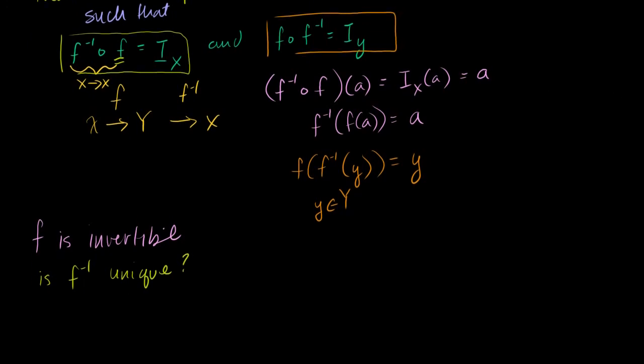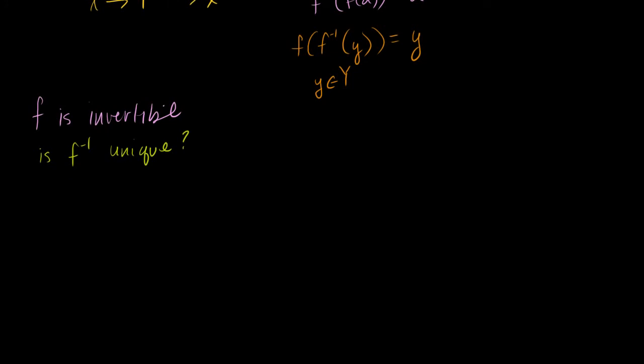To answer that question, let's assume it's not unique. So let's say there are two functions that satisfy our two constraints and can act as inverse functions of f. Let's say g is one of them. Remember, f is a mapping from x to y. Let's say that g is a mapping from y to x, such that if I apply f to something, which gets me from x to y, and then do the composition with g, that gets me back into x.